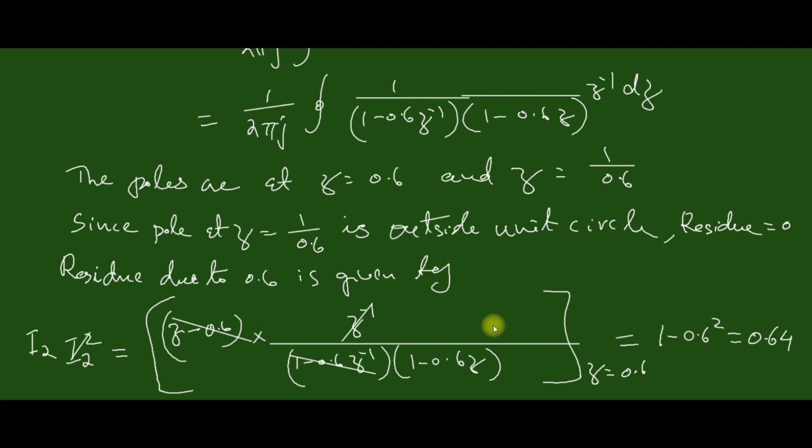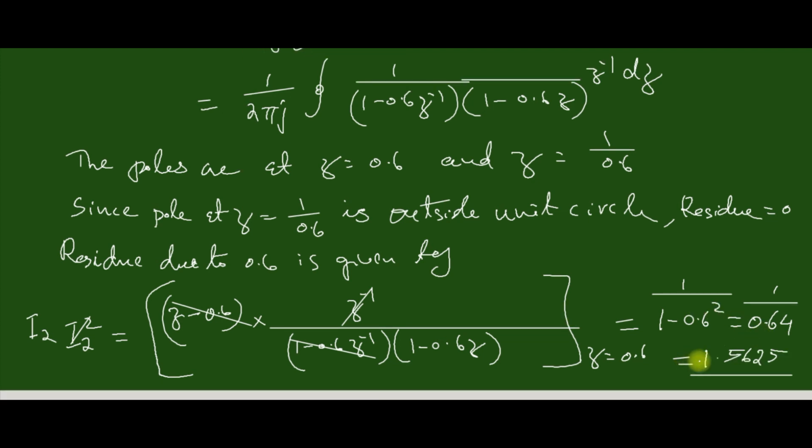Here we have made a great mistake, because it is 1 by this one. So 1 by 0.64 equal to, so we get the value as 1.5625. So I2 equal to 1.5625.